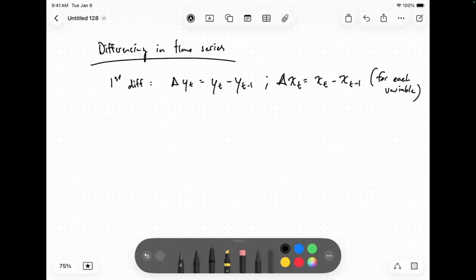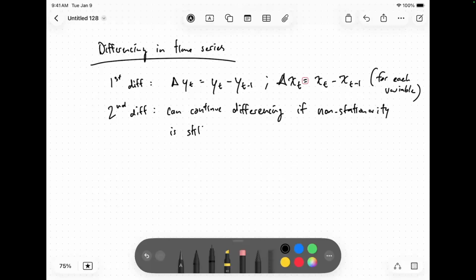What we did was the application of one difference. You can actually continue doing this. You can continue differencing if non-stationarity is still present.